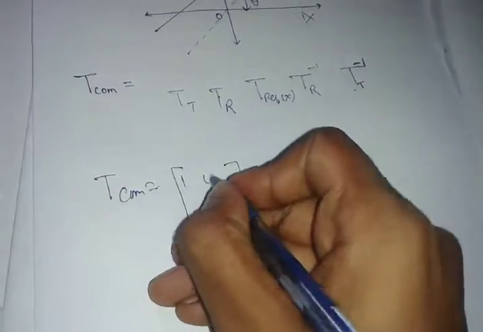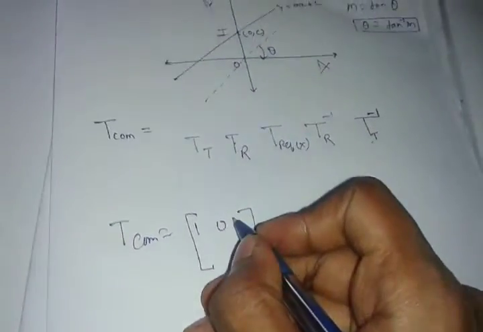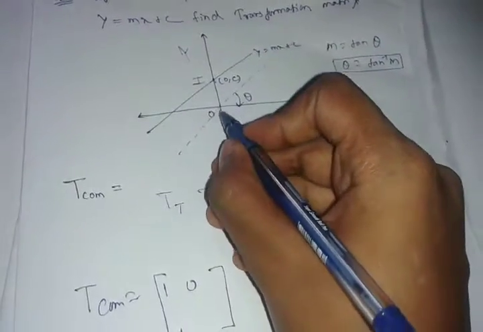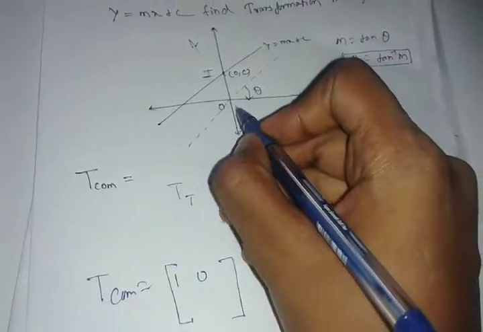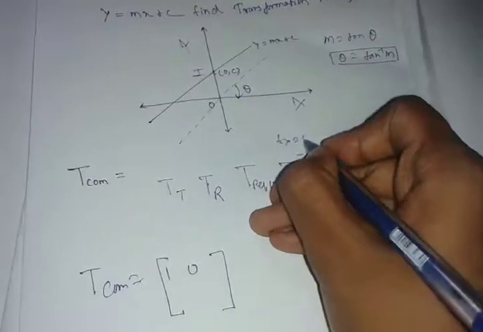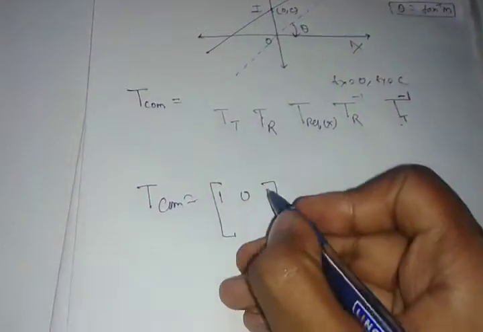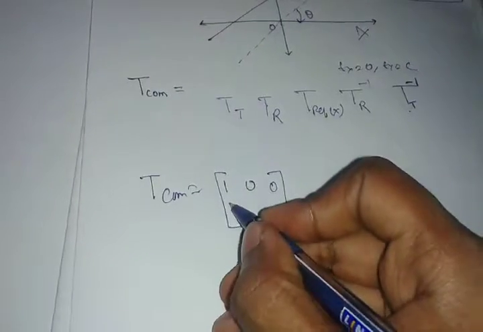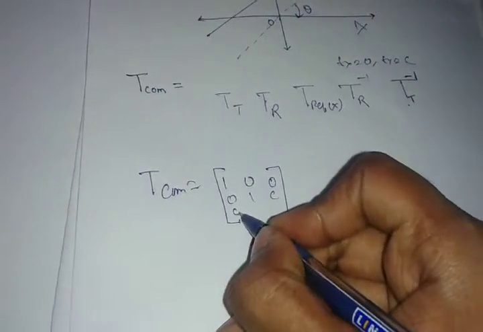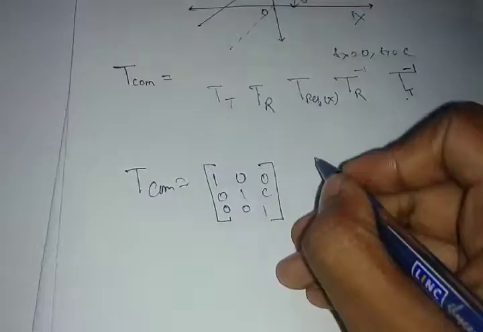This is 1 0, here tx and ty: tx equal to 0 and ty equal to c. So here 0 0 1, c 0 0 1.